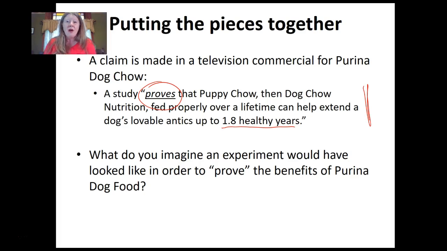We'd obviously have to follow them for a certain amount of time, maybe their whole lives, to know: does the group who got the Purina dog food live longer on average than the other group? So that sounds like a possible study that could have been done here. Let me pause this and we'll come back and I'll tell you what was actually done and we'll critique that a little bit.